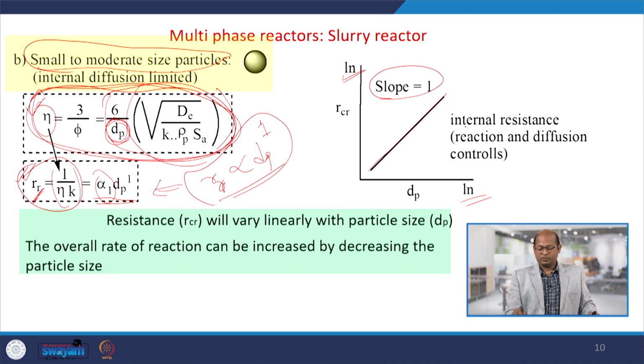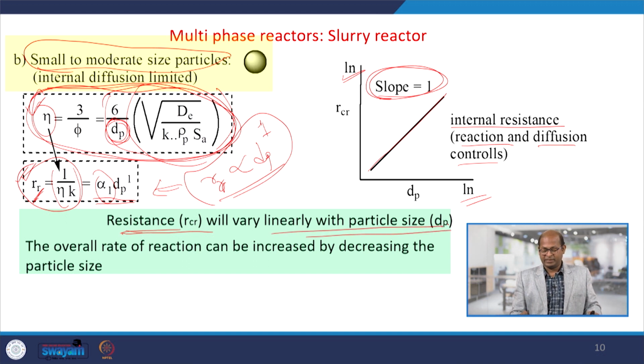So, internal resistance, reaction and diffusion both are controlling, and internal diffusion exists. In that case, we have taken a moderate size of particle instead of a smaller size. In that case, the slope would be 1. Here the combined resistance will vary linearly with the particle size.